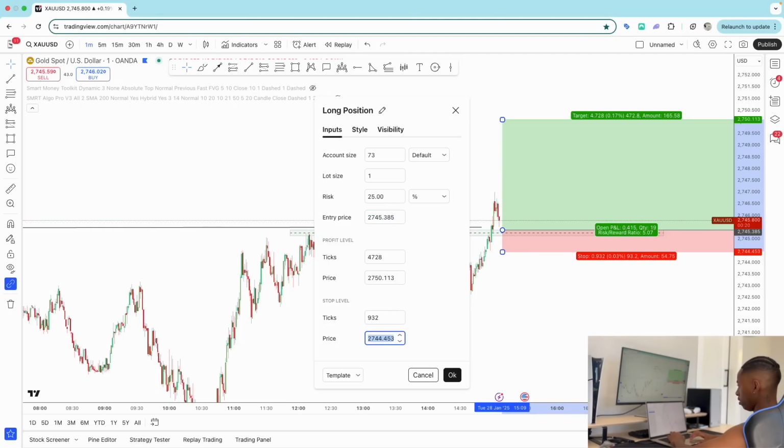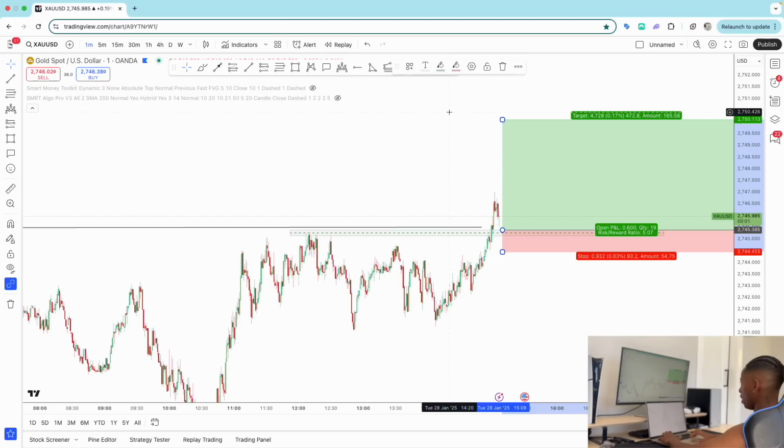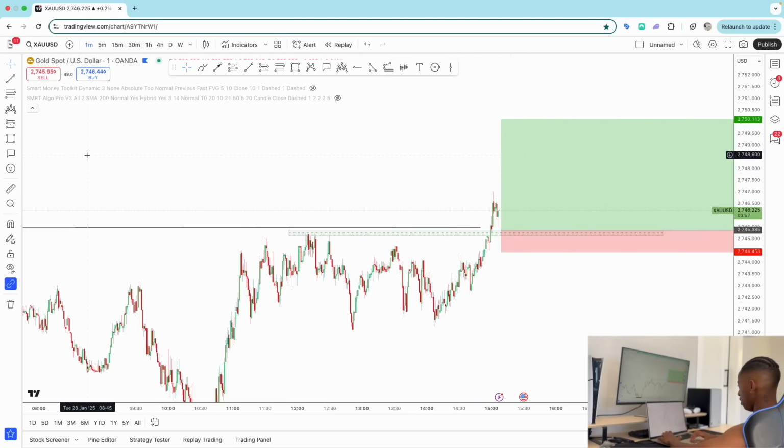Top level, right here. Okay, what sizes can we use? I'm just calculating my risk. Okay, yes, this is dope. This makes perfect sense. I can already see that price literally was here.